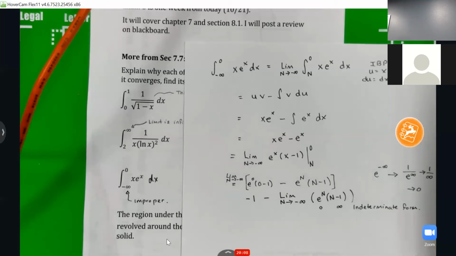We had two other indeterminate forms. We had 0 over 0 and infinity over infinity. Those last two indeterminate forms allow us to use L'Hopital's rule. But 0 times infinity tells us to do some algebra to put it in one of those two L'Hopital's rule forms. So how can I make this look like 0 over 0 or infinity over infinity?